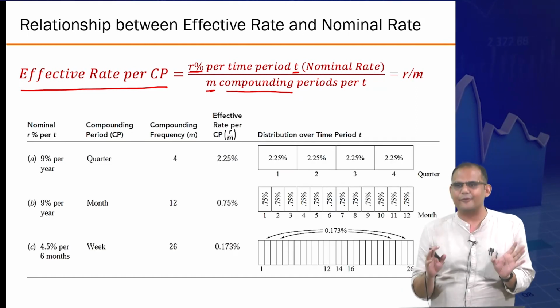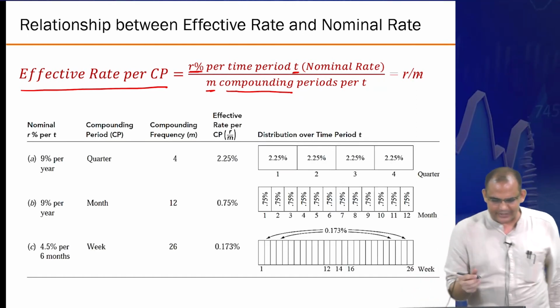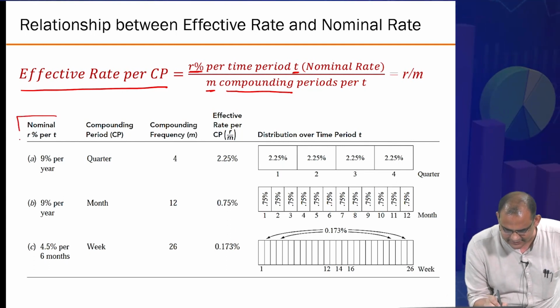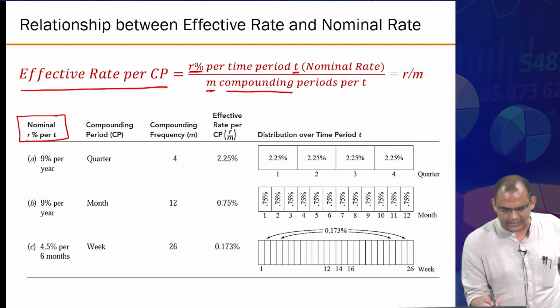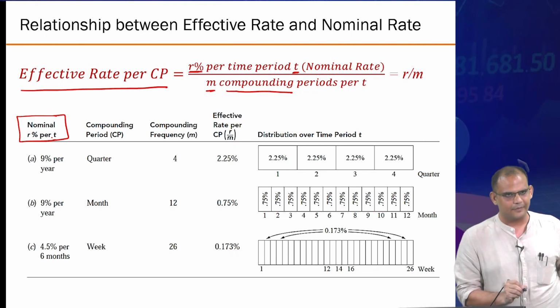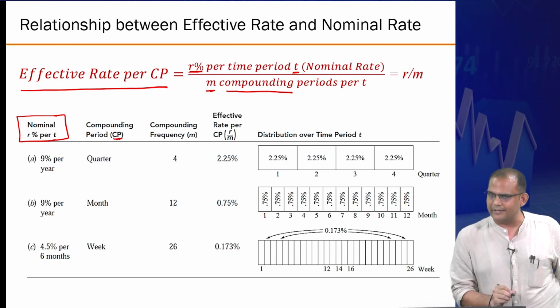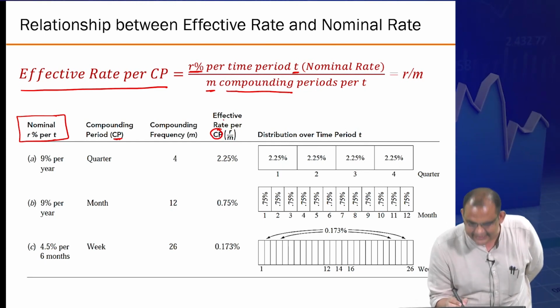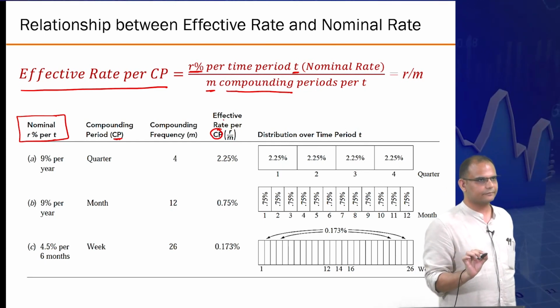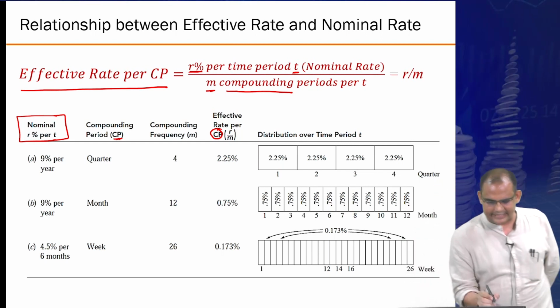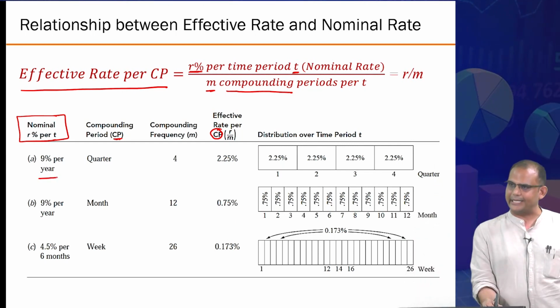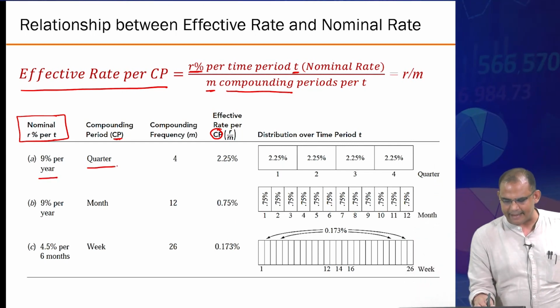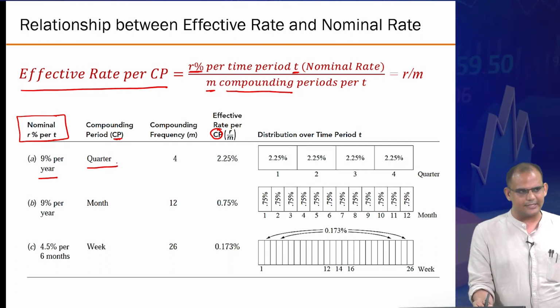Alright, let me give you some examples. Notice on this table, these are all nominal rates per t. I have given you a compounding period, and I am asking you to calculate the effective rate in the same compounding period. So let's say a rate is 9% per year, and compounding is happening on a quarterly basis.